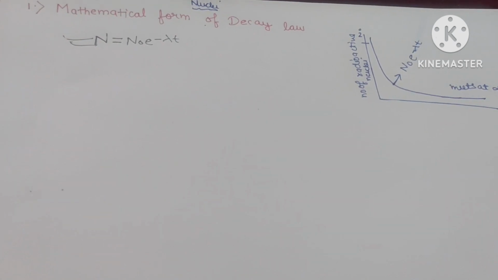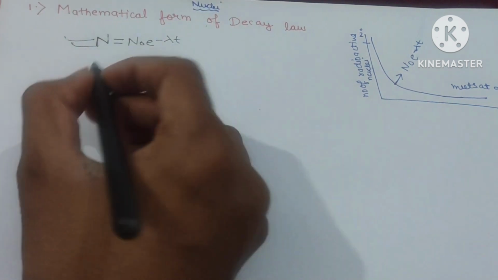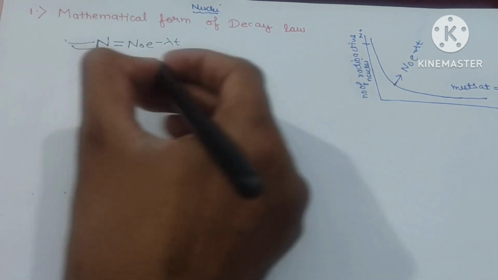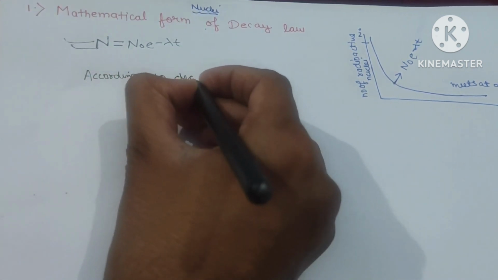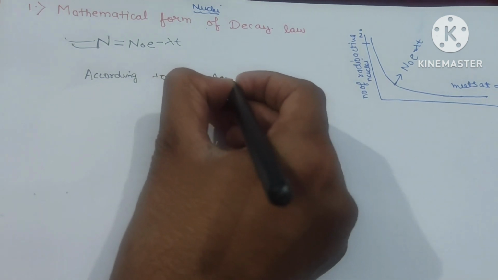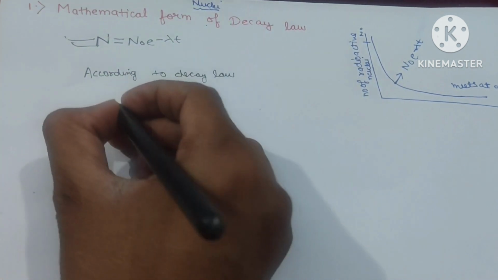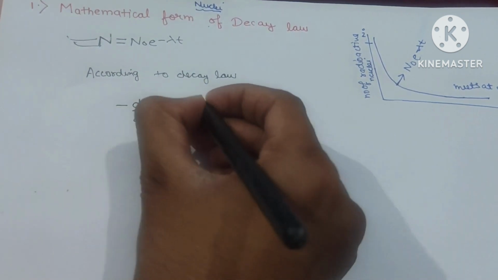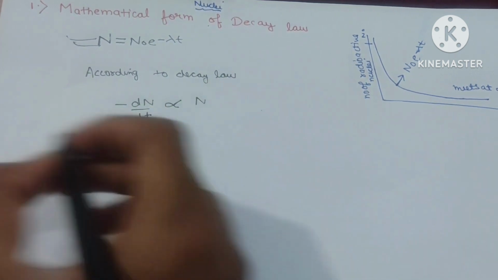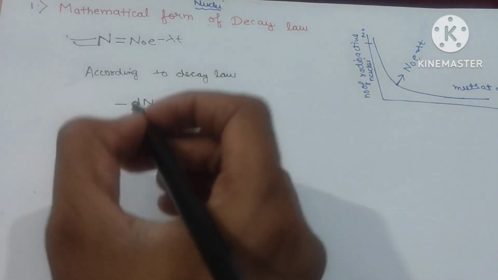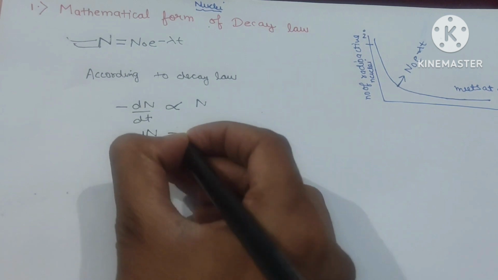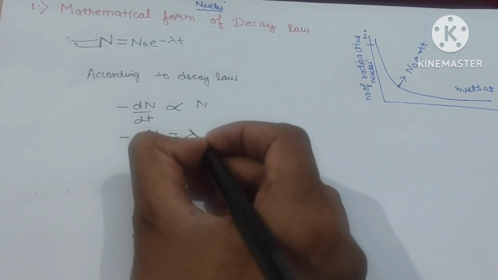Hello friends, today we will derive the mathematical form of the decay law. So this is what we will derive. So according to the decay law, now we will equate, and there is a constant lambda.